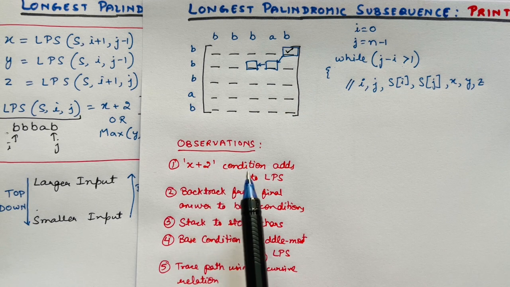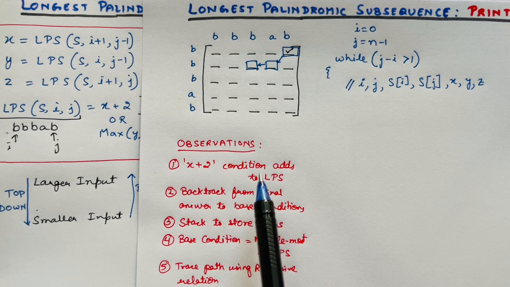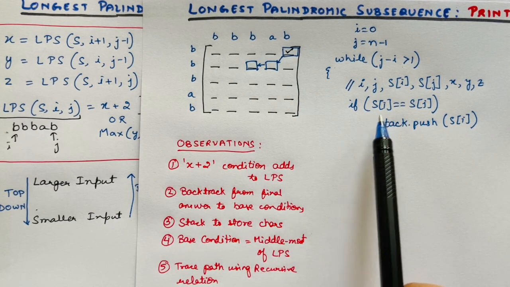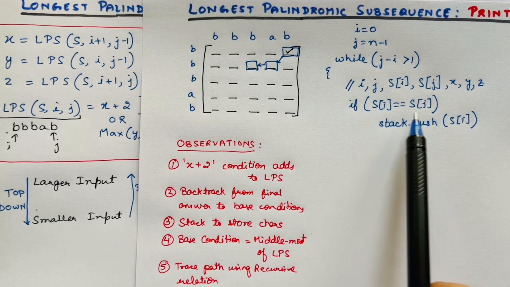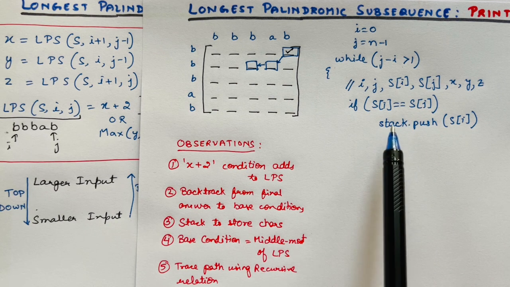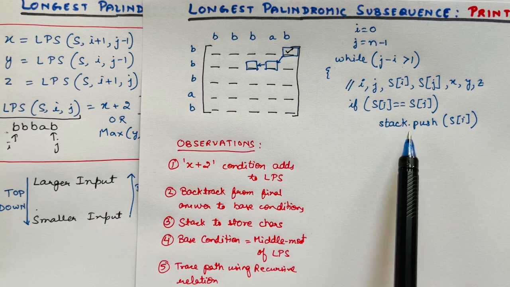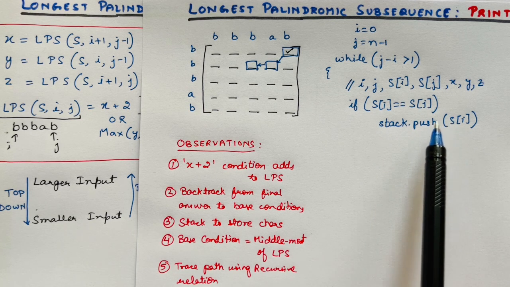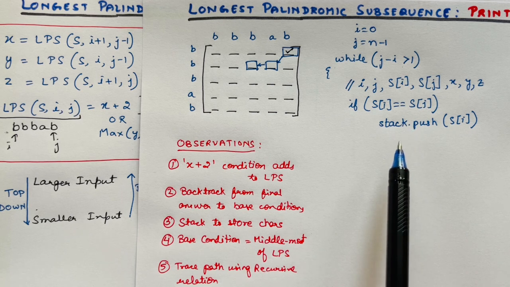Because if this condition held true, then we will need to store the characters that were contributing to the LPS. This condition happens when the two characters at i and j are equal. If these two are equal, we will push this character in the stack. We push this character in the stack so that we can store it somewhere, because we will use them later to form the actual palindrome.